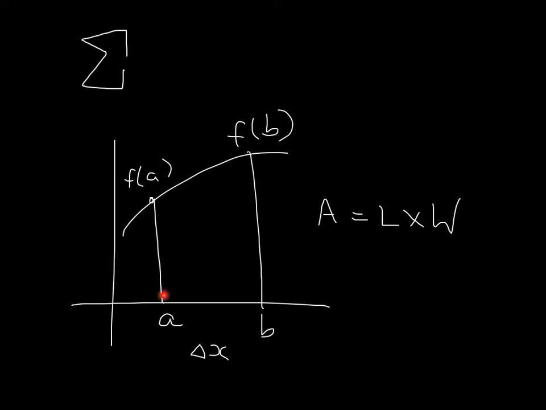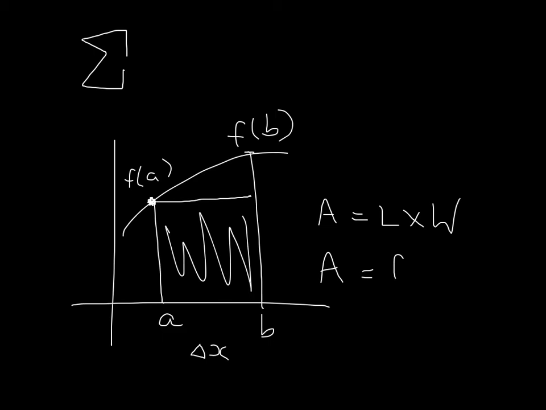And the height, well, it doesn't matter which, if you take the smaller rectangles or the larger rectangles, it's still going to be a difference. So if we take the smaller rectangles, the height is f of A, or the y value, isn't it? If we took the larger rectangles, it would be f of B. But let's go with f of A for the moment. So the area equals the length, the height, which is f of A, times the width, which is delta x.